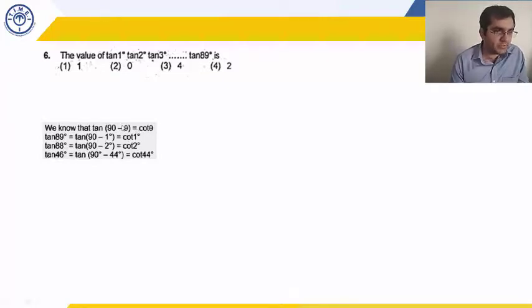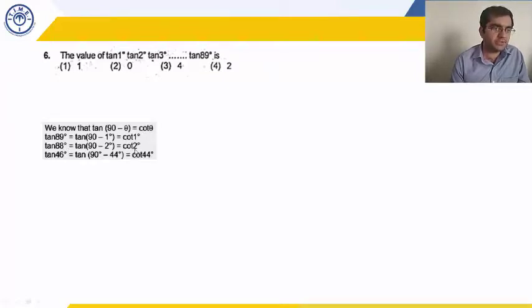So basically we know that tan of 90 minus theta is cot theta. 90 minus theta is quadrant 1. Tan is positive in quadrant 1, so we get cot theta. So tan of 89 is tan of 90 minus 1 degree, which becomes cot 1 degree, just using this property.